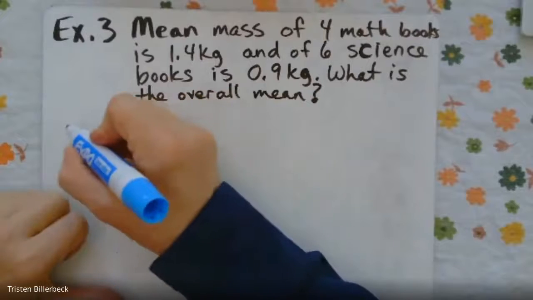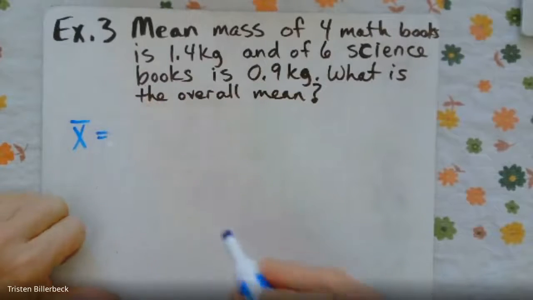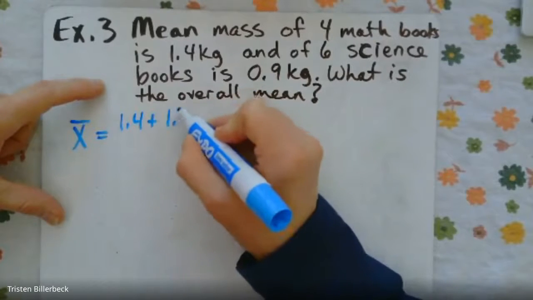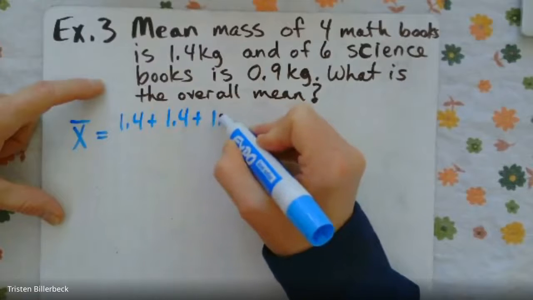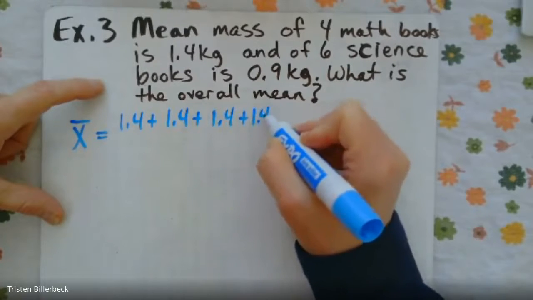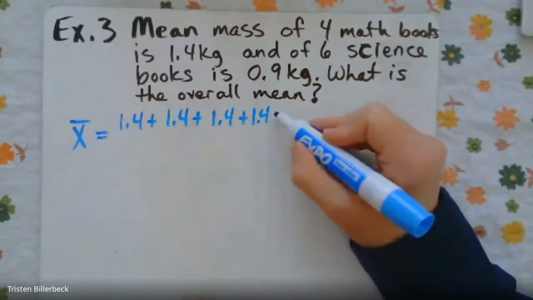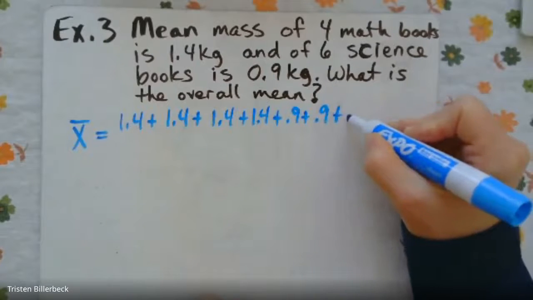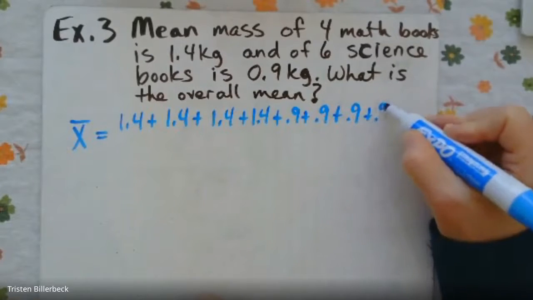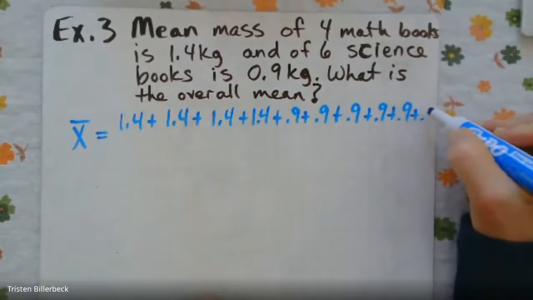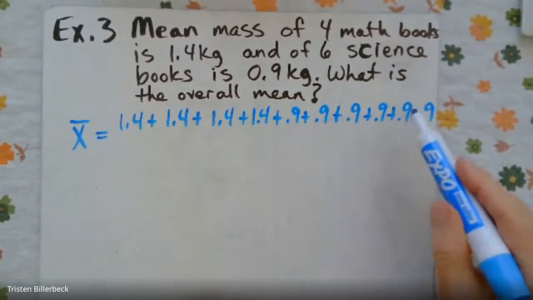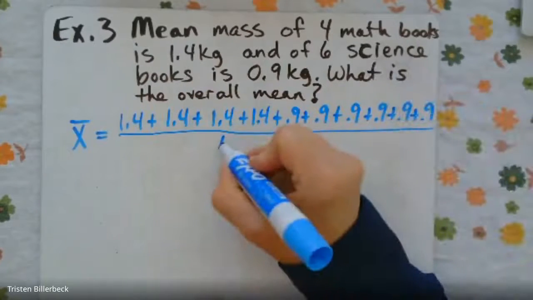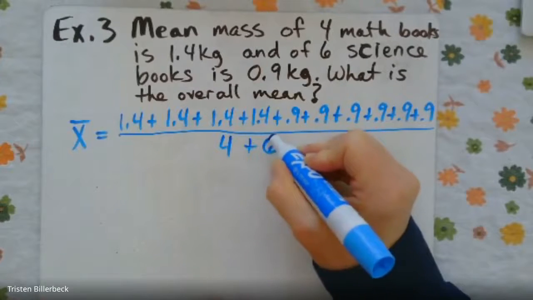If we have X bar for our mean, we write 1.4 plus 1.4 plus 1.4 plus 1.4, since there's 4 of them. And there's 6 of these, so we write 0.9 plus 0.9 plus 0.9 plus 0.9 plus 0.9 plus 0.9. So 1, 2, 3, 4, 5, 6. And that's all going to be over 4 math books plus 6 science books.